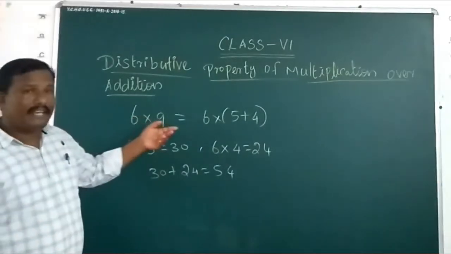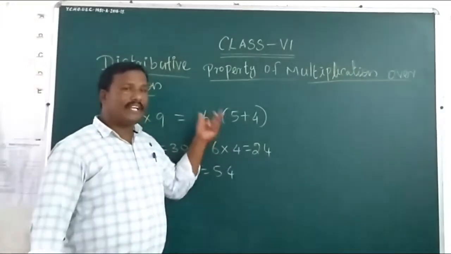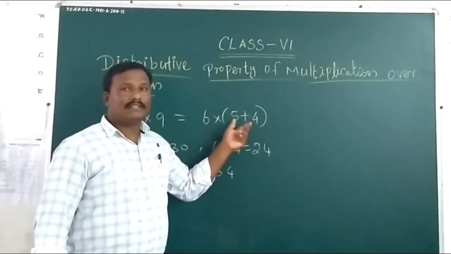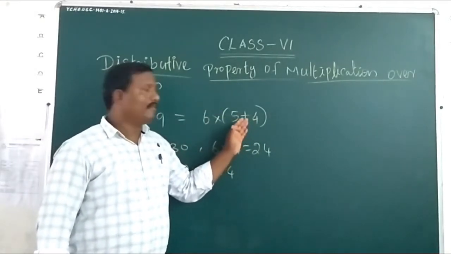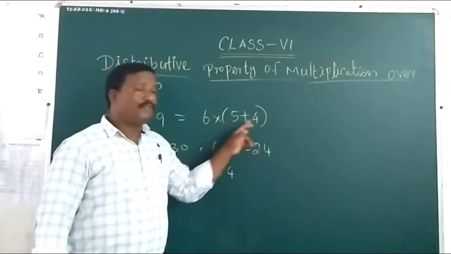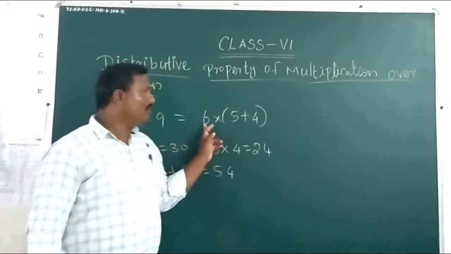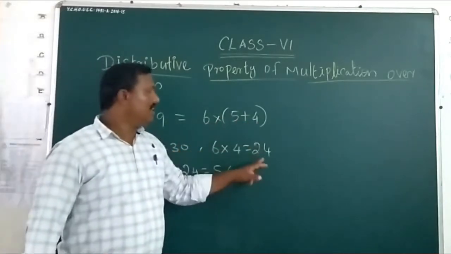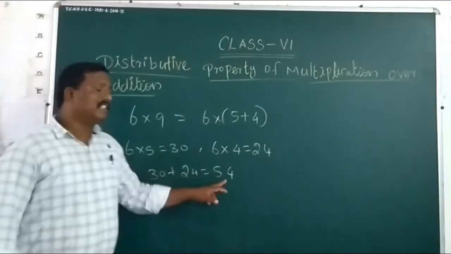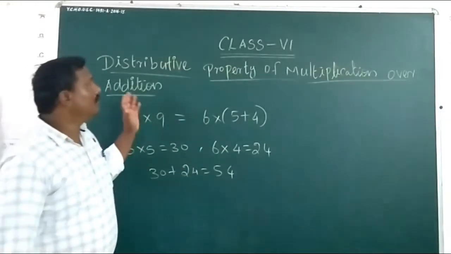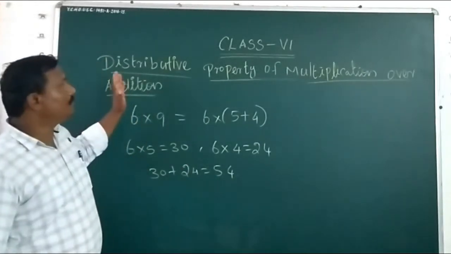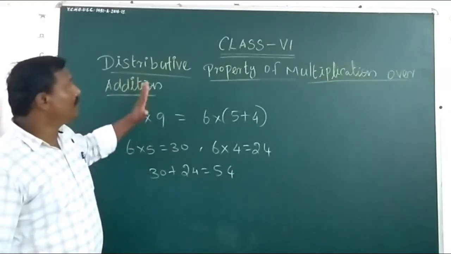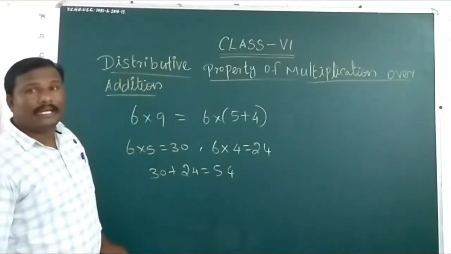But we can write like this: 6 we can take outside, then 5 plus 4 we can write inside the bracket. So 5 plus 4 is 9. So we have to multiply that. 6 5s are 30, then 6 4s are 24. Then the result is 54. So when we are doing multiplication over addition, the distributive property helps in this operation.